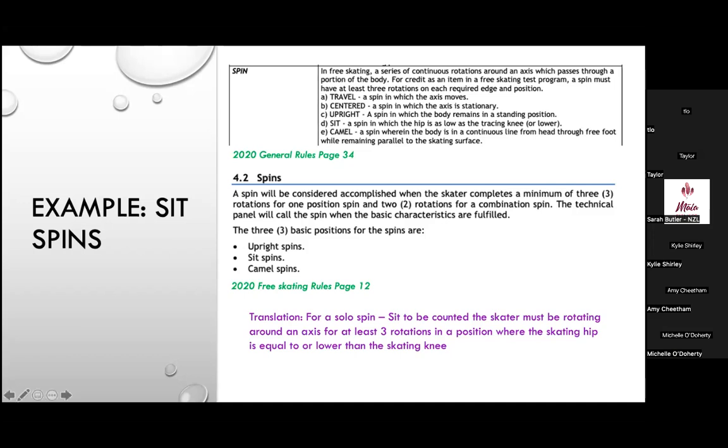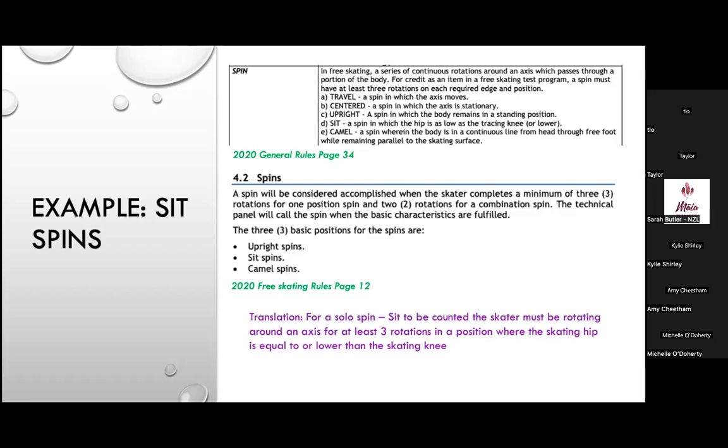Then when we come down to this section here, now these are from the RollArt rulebook, and they're pretty similar word for word at the moment still. I'm sorry I haven't had time today to update them, but essentially a spin will be considered accomplished when a skater completes a minimum of 3 rotations for a solo spin and 2 rotations for a combination spin.